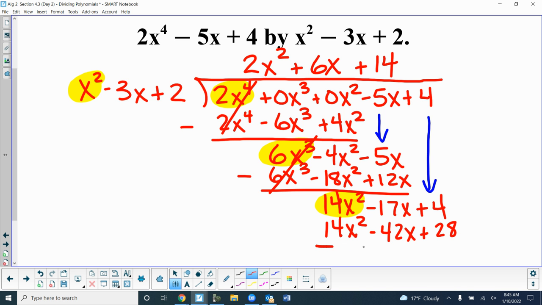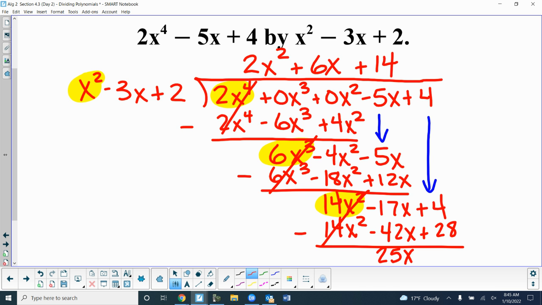And then I subtract again, one last time, because there's no more that I have to drop down. Whatever I have down here now is my remainder. So I have minus a negative again. So I'm adding. Negative 17 plus 42 is what? 25x.